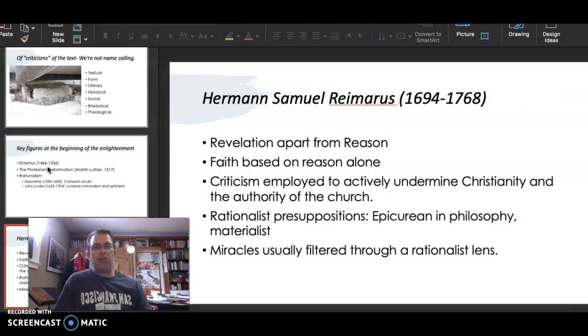Now, the first figure of historical Jesus scholarship is Hermann Samuel Reimarus, 1694 to 1768. Reimarus was a super interesting person who wrestled with the original text, tried to get Greek copies and look at them.